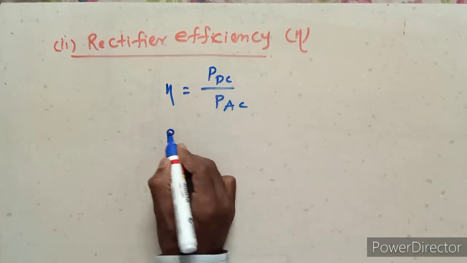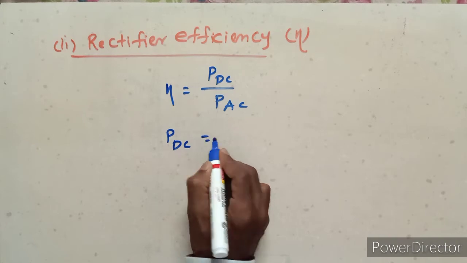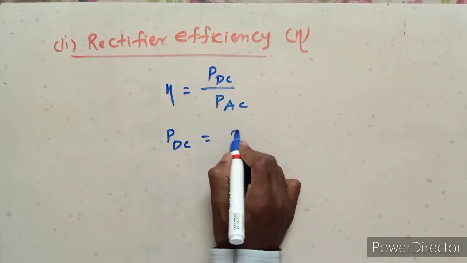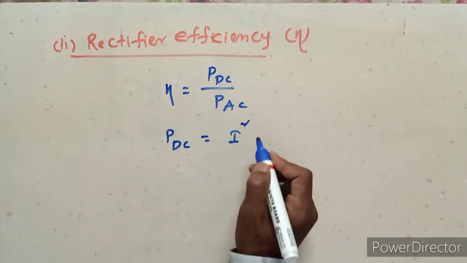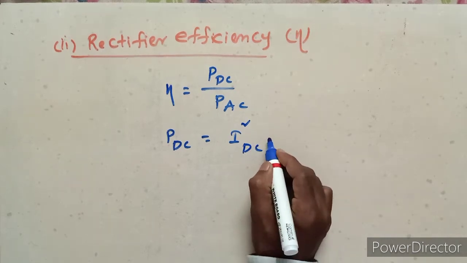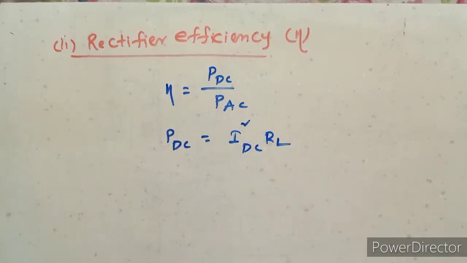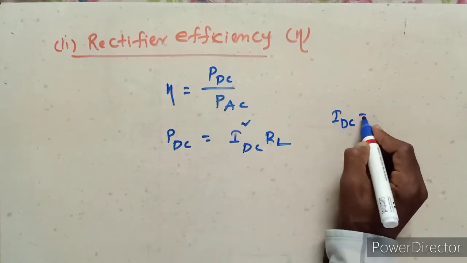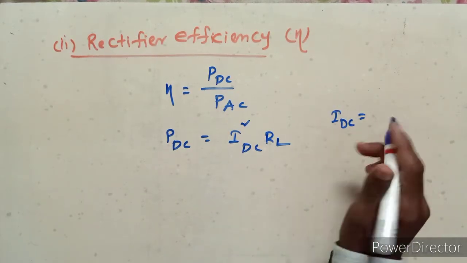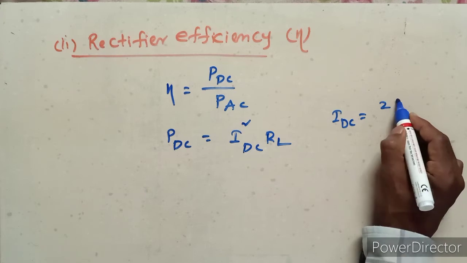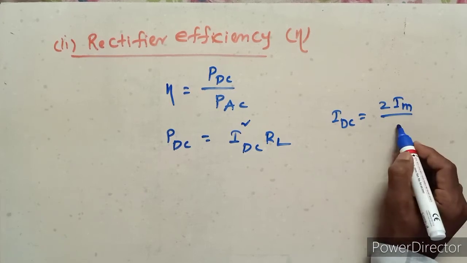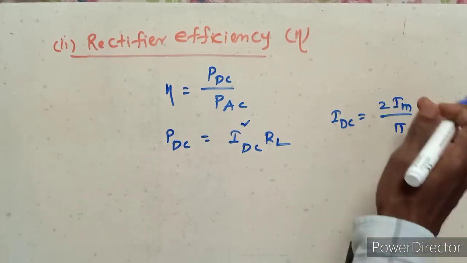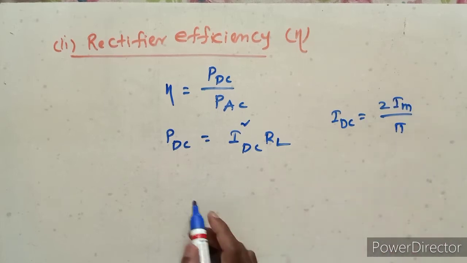But already we know that DC output power equals DC current square into RL. Already we know that IDC, the DC current value, equals 2 Im upon pi. This is the first parameter.